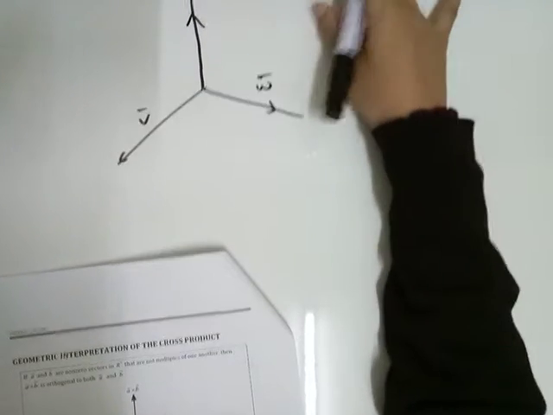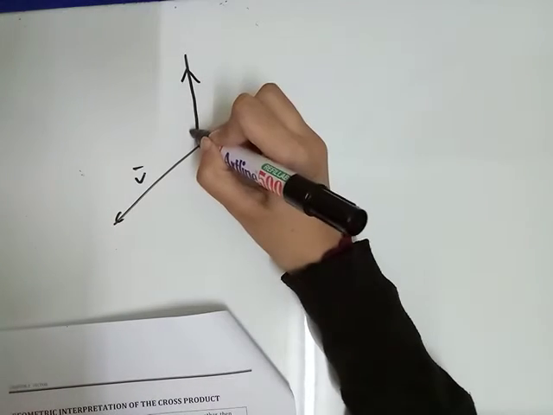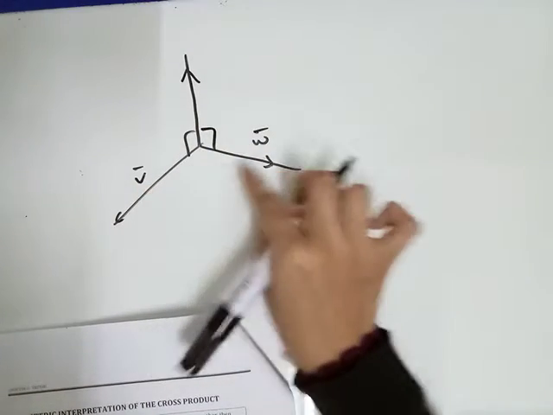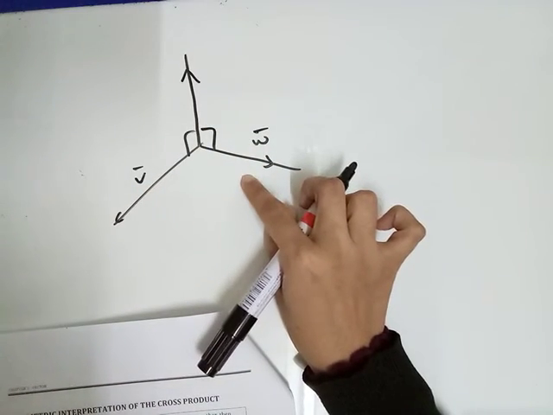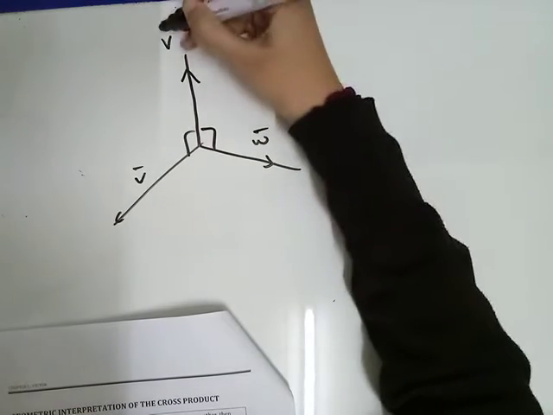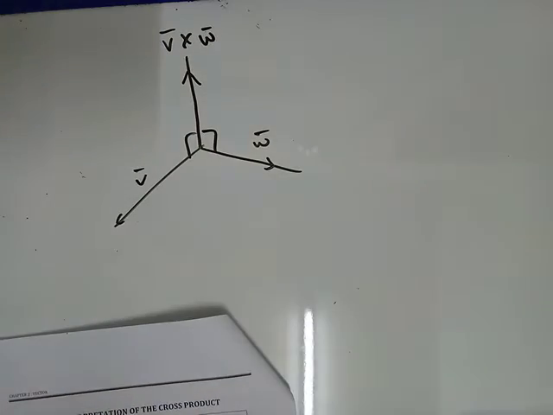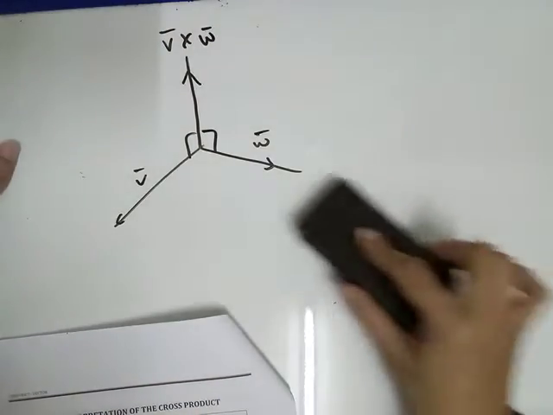We want to find the new vector that is orthogonal with V and W, by using the cross product, vector V cross vector W.